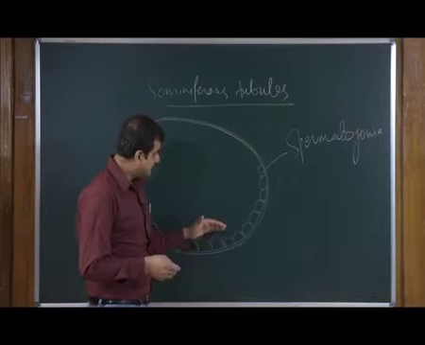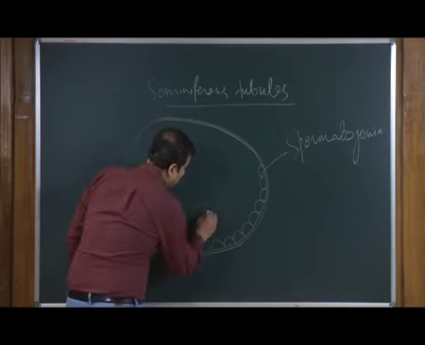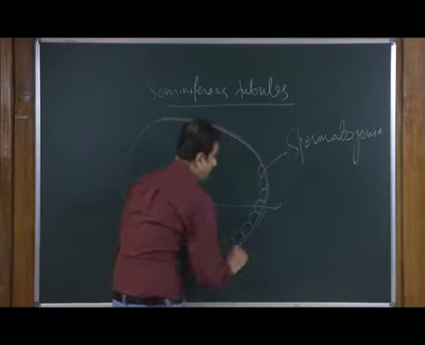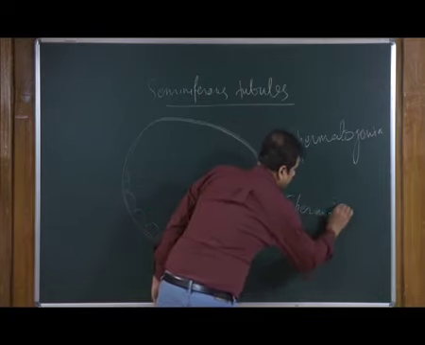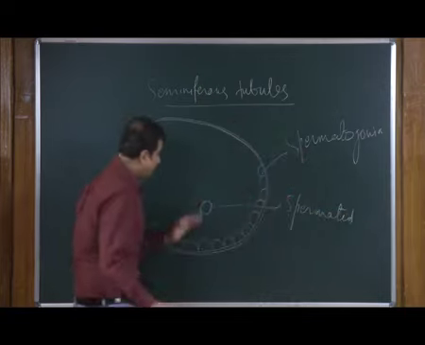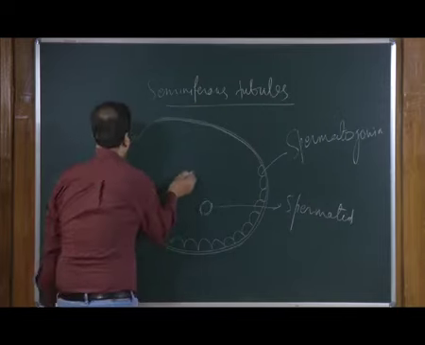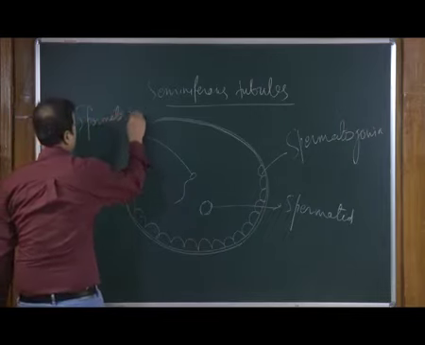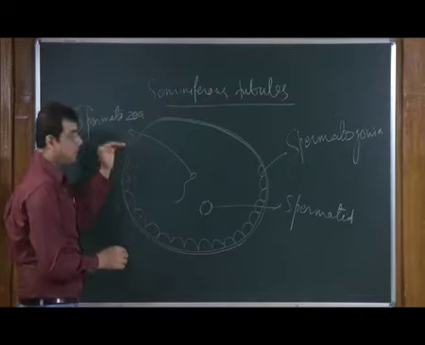A spermatogonial cell divides, and after division it gives rise to a spermatid. This spermatid after maturation forms the spermatozoa, which have a flagellum that helps in movement, which is why they are called zoa.